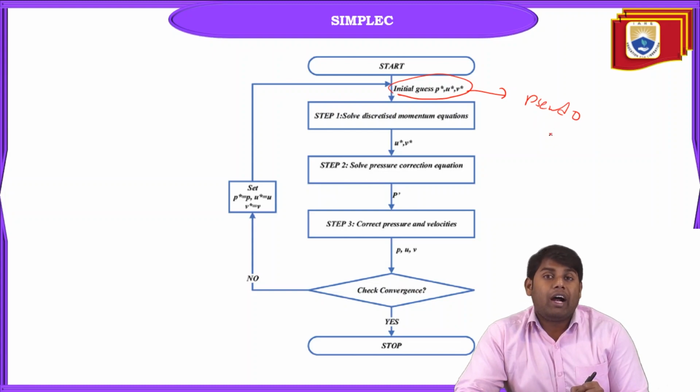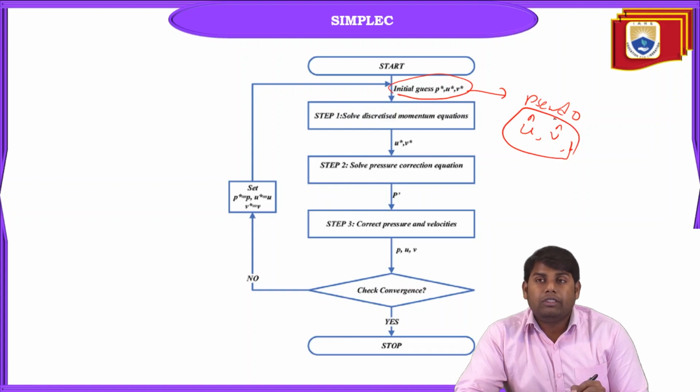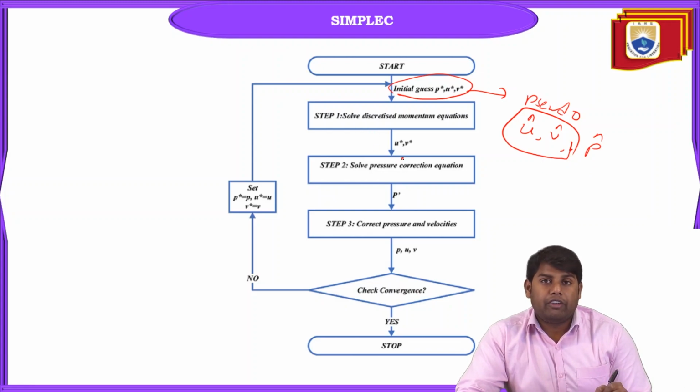We solve an additional momentum equation using the guess values, and whatever output we get we name u cap, v cap, and p cap. These u cap, v cap, and p cap are used to solve the discretized momentum equation, and from that you get an output to solve the pressure correction equation.